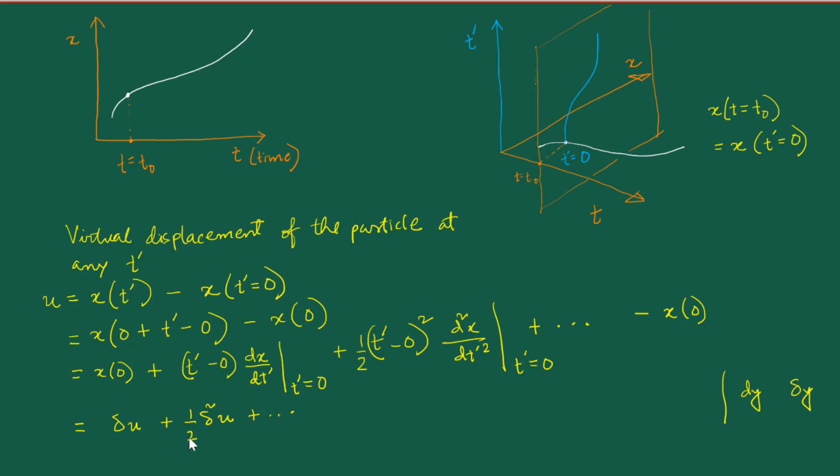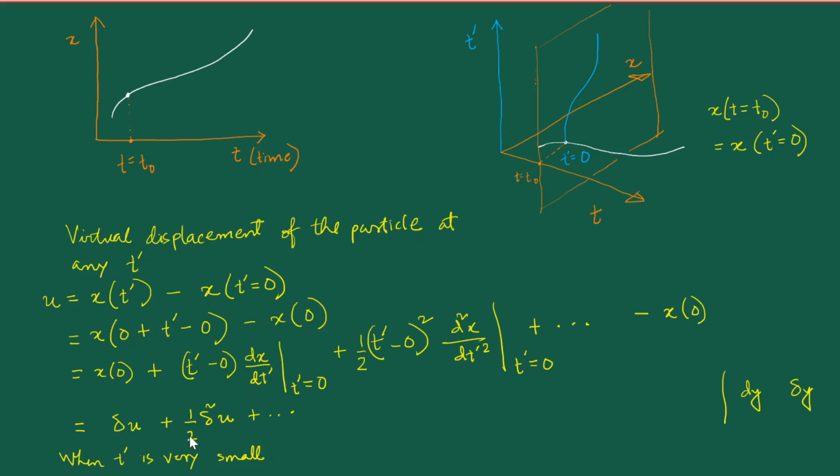Now very importantly, you note that when our t' is indeed very small, this entire u is more or less properly captured by this delta u.